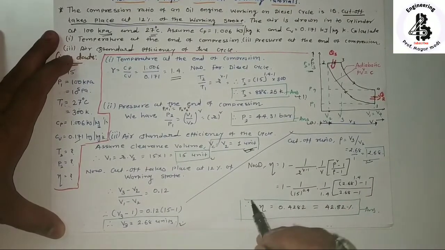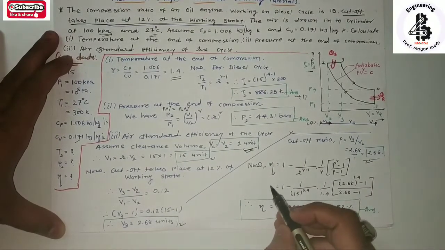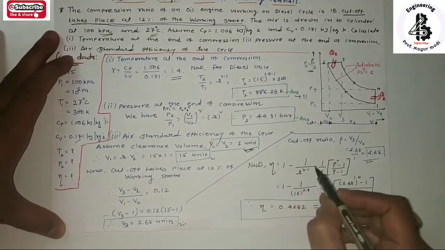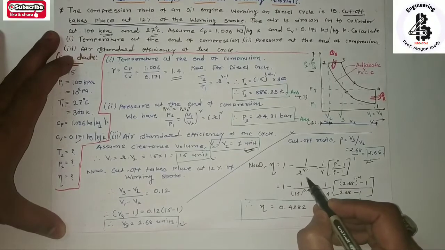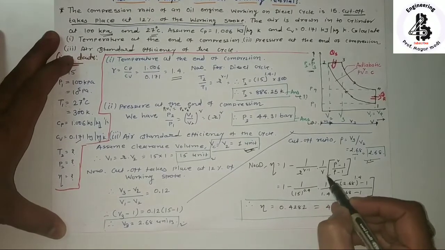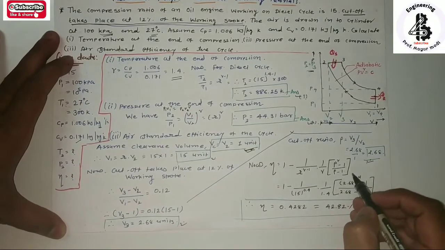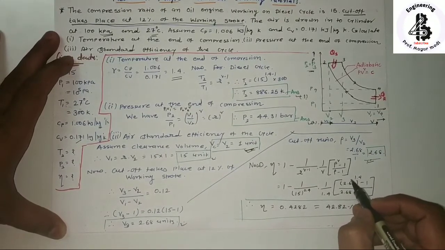Now from the equation of the air standard efficiency of a diesel cycle, efficiency equals 1 minus 1 upon R raised to gamma minus 1, into 1 upon gamma, into cutoff ratio raised to gamma minus 1 upon rho minus 1.